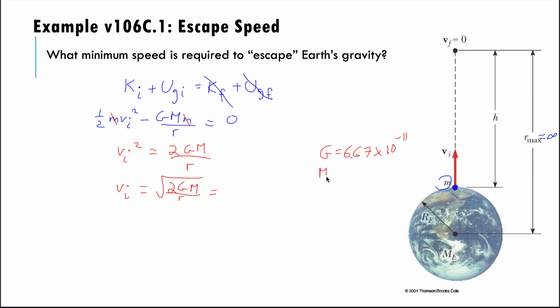The mass of the Earth is 5.97 times 10 to the 24. And the radius of the Earth is approximately 6,370 kilometers. We're going to plug in all of those values, and that is going to give us a speed of approximately 11.2 kilometers per second, which is more than 25,000 miles per hour.